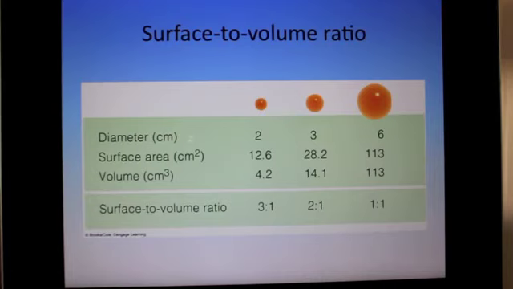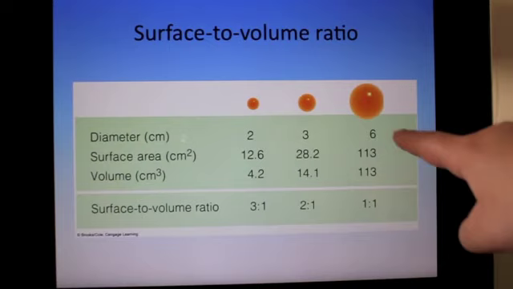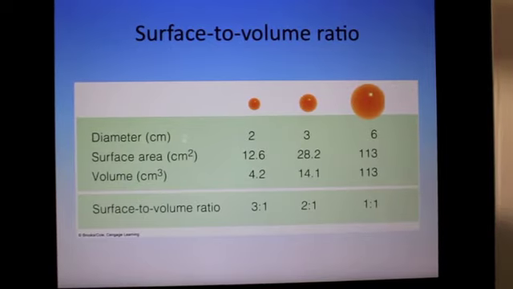So you've got 3 times as much surface area as you have volume. But as you get bigger, the volume catches up faster than the surface area does. So by the time you've got a 6 centimeter diameter sphere, you end up with a 1-to-1 ratio. The surface area is the same as the volume. And that's why this won't work. It takes too long for something in the middle of the cell to get to the outside.